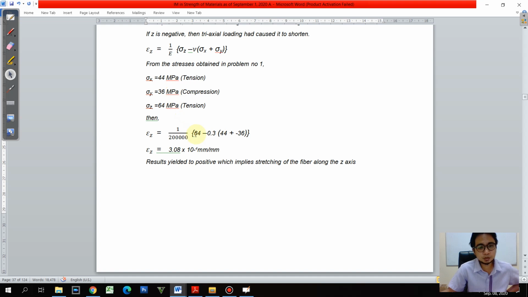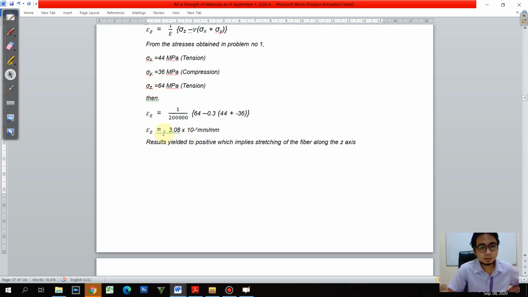So substitute the values here, indicating that y is still negative. And then we will have a positive outcome. What do we mean by a positive outcome? The result is positive, which implies stretching of the fiber along the z-axis. So it means the z-axis stretched.